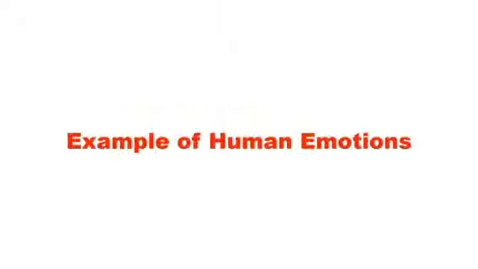Next, examples of human emotions. Positive emotions enable us to think more creatively to solve complex problems, whereas negative emotion pushes us towards negative thinking. A problem may be easy to solve when we are relaxed, and it will become difficult if we are frustrated or afraid. Positive emotions include gratitude, euphoria, joy, happiness, empathy, hope, pride, desire.